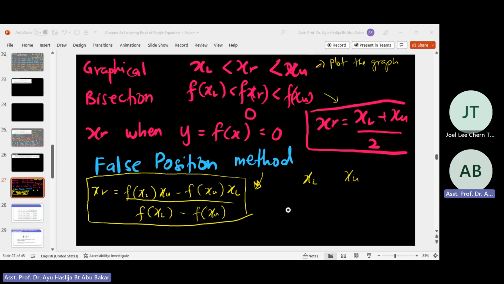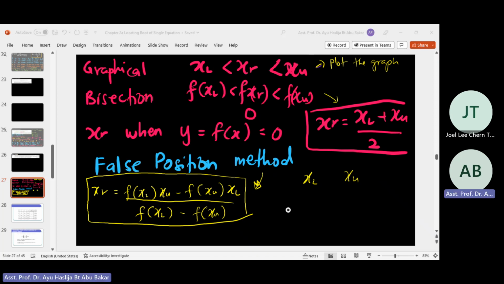You have to rearrange the equation first. If you proceed with the current equation, your answer might be wrong. We must zero the Y side first. Then this is your XL, this is your XU, this is your Es. You must do the iteration until below 10%.